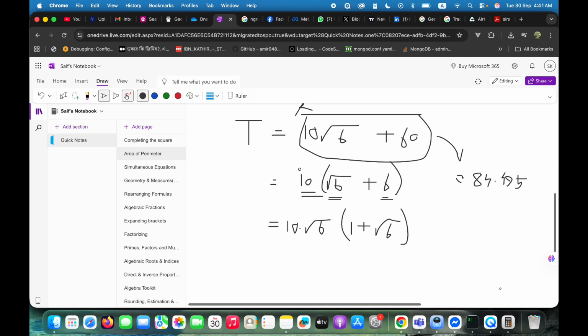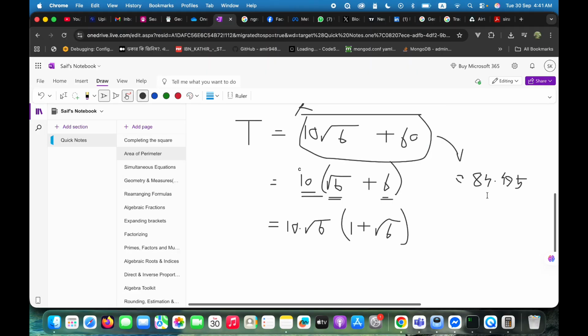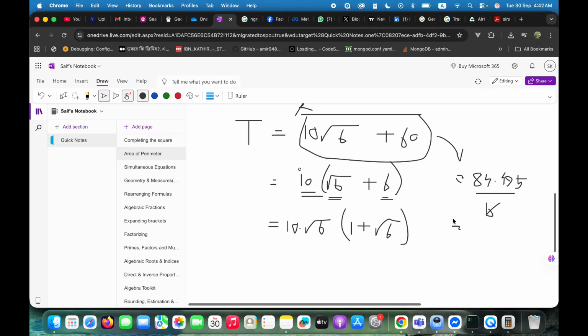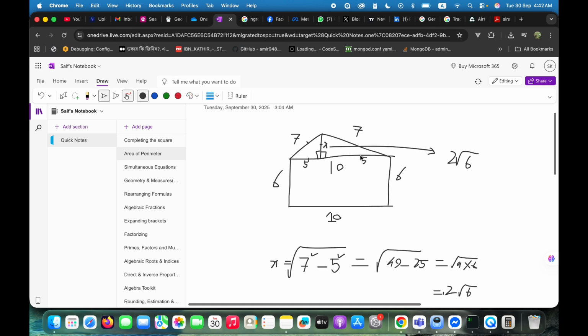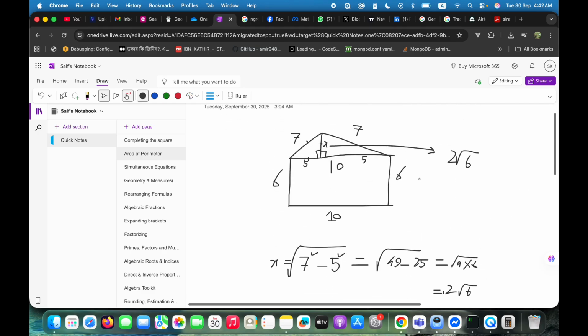So what is the least number of tins Omondi requires? One tin can cover 16 meters square, so if I divide this number by 16, I need a minimum of 5 tins for Omondi to cover this face of the wall. So this is how you can calculate the minimum number of tins that Omondi requires.